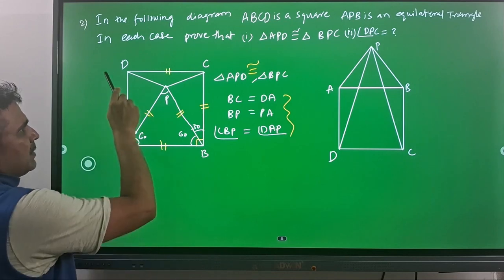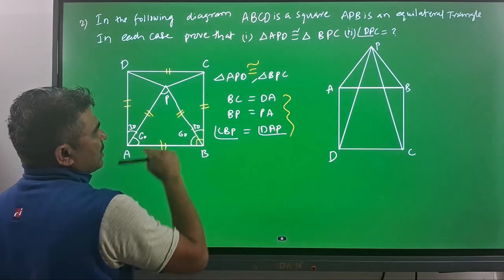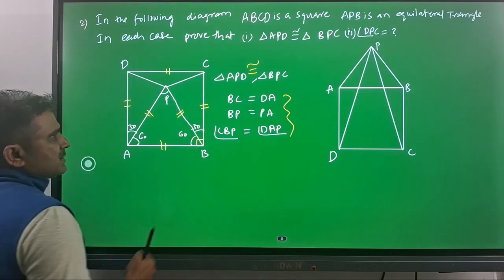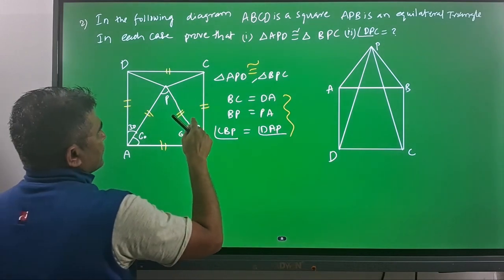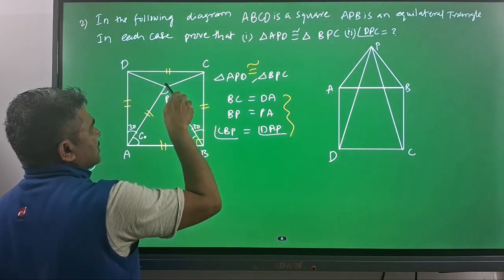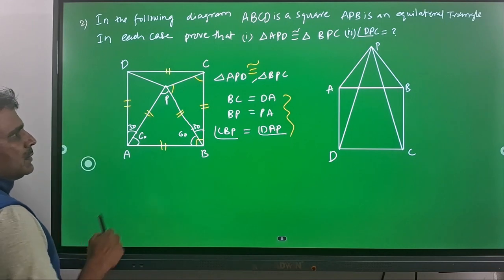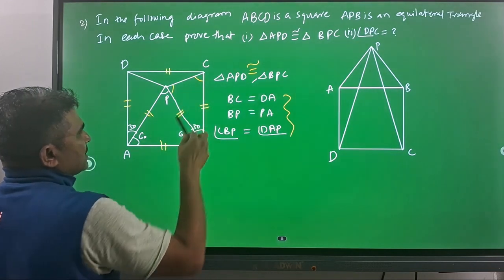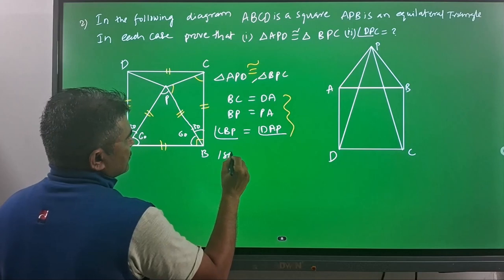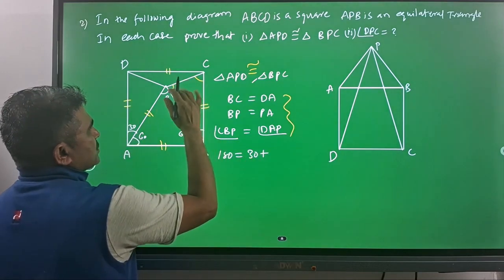Now come to the angle part. We need to find out angle DPC. Since these two sides are equal, it is an isosceles triangle, and their opposite angles, like this one and this one, are equal. The total angle in the triangle is 180 degrees, which is this 30 degrees plus these two angles.